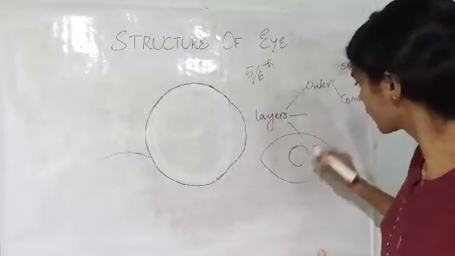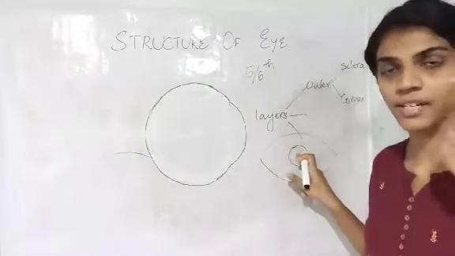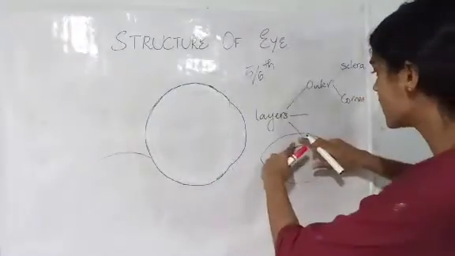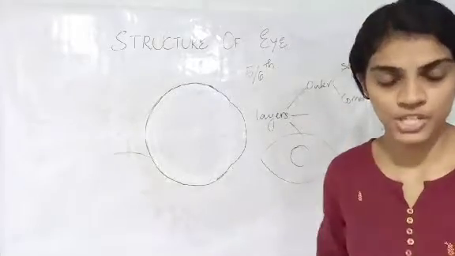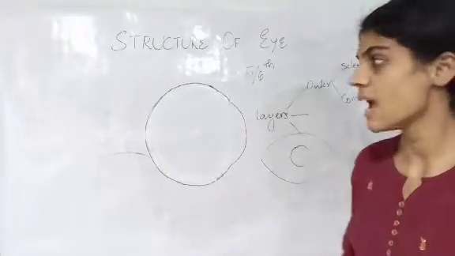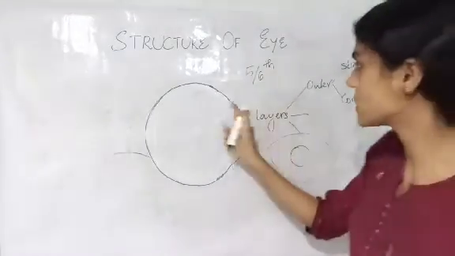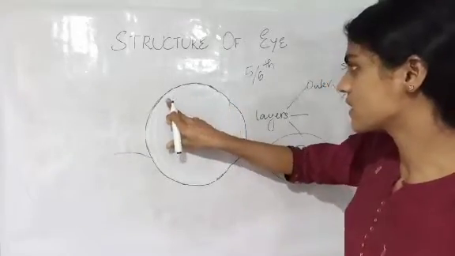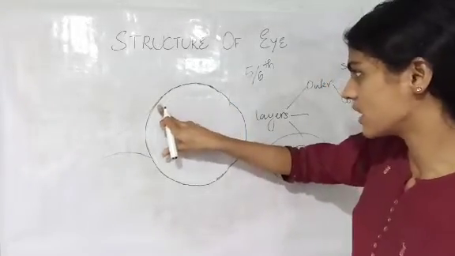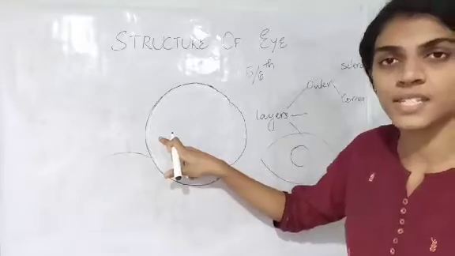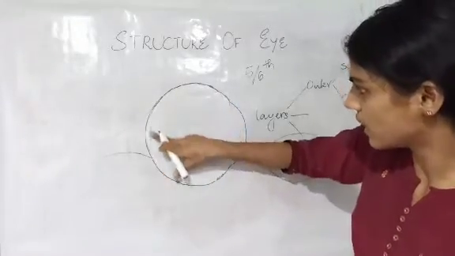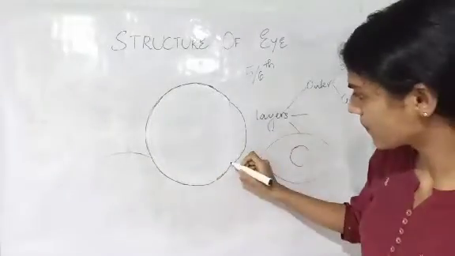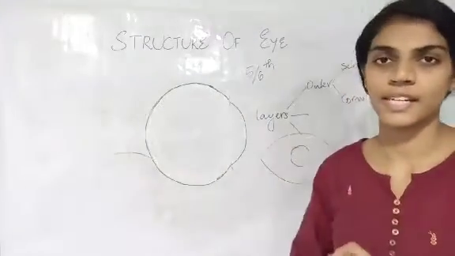This is the pupil region, the dark portion of your eye, and surrounding that you can see a white region. That white region is known as the sclera. In the cross section, you can see the 5 by 6, the majority of this outer layer, is sclera. The portion starting from here to here is the sclera.